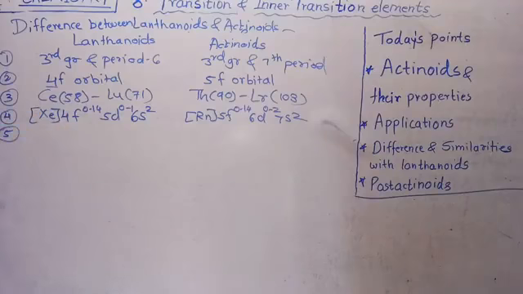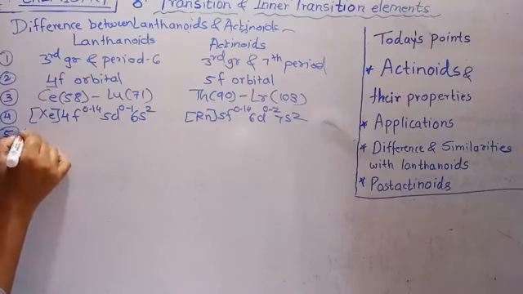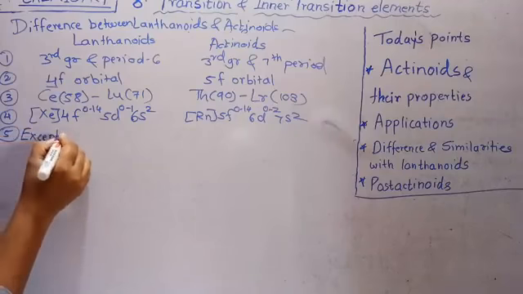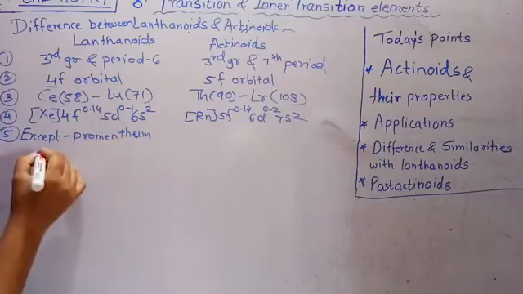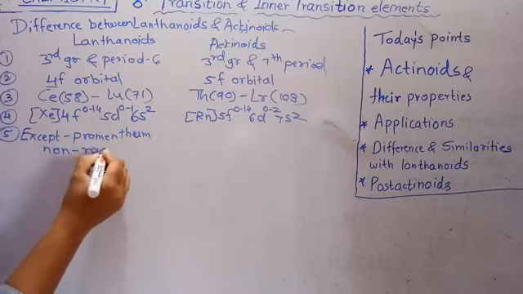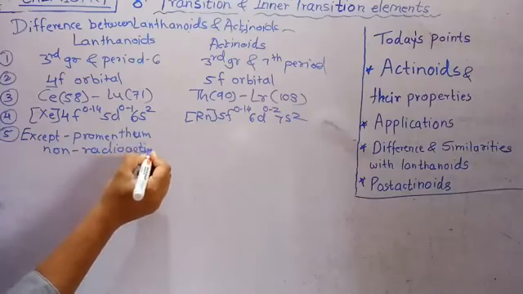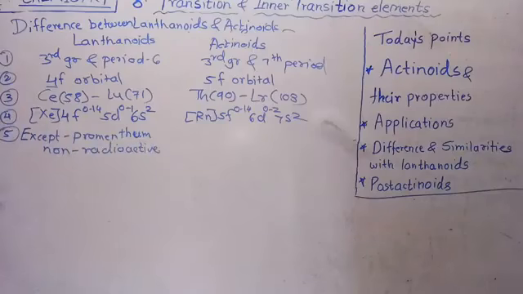The next point of difference: except promethium in lanthanoids, all are non-radioactive. Promethium is not a naturally occurring element, but the remaining elements of lanthanoids occur naturally.